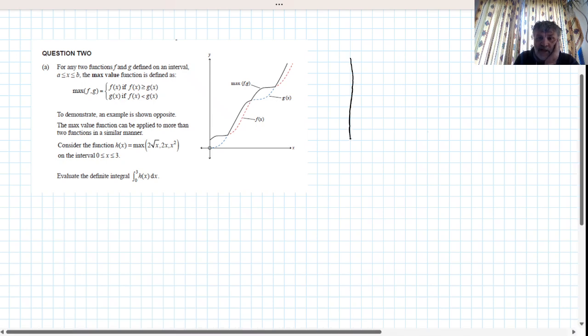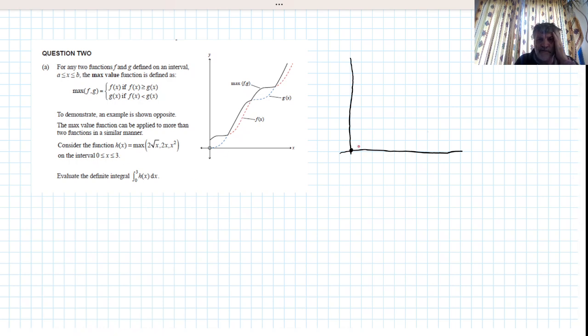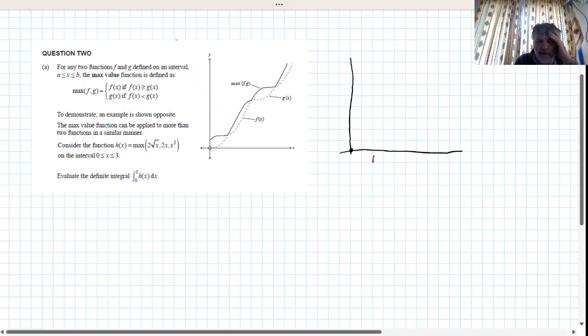just going to sketch here, it doesn't have to be that accurate, but all these functions at x equals 0 start here. Maybe use 3 colors. So 2 root x, let's make 2 of these equal to 1.